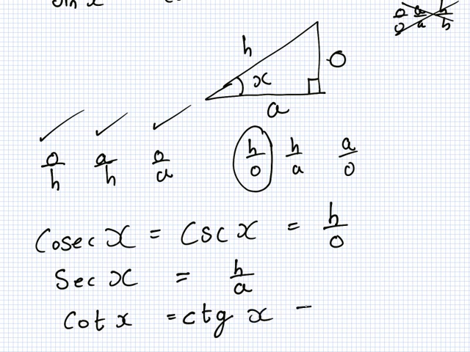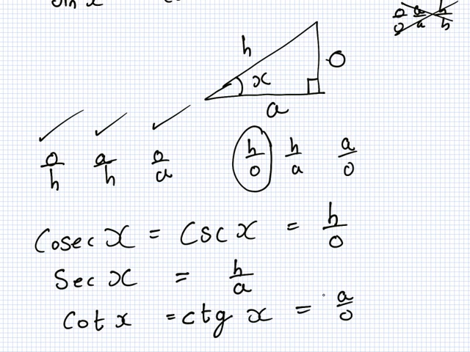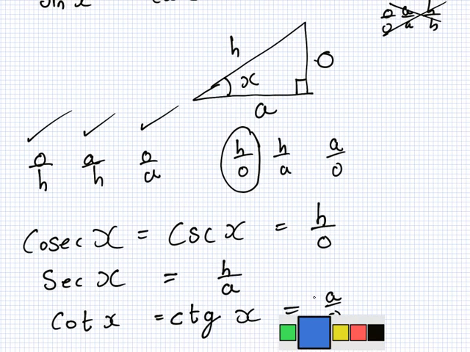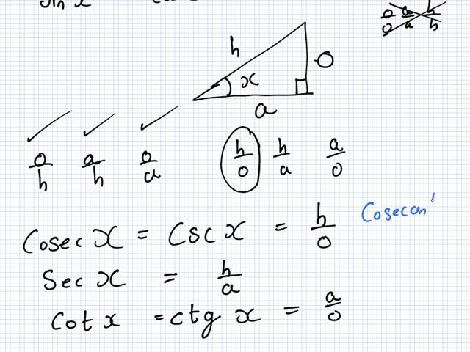Just so you know, which is the last one, A over O. And just so you know, this full name is actually cosecant. Its full name here is secant, and its full name here is cotangent.